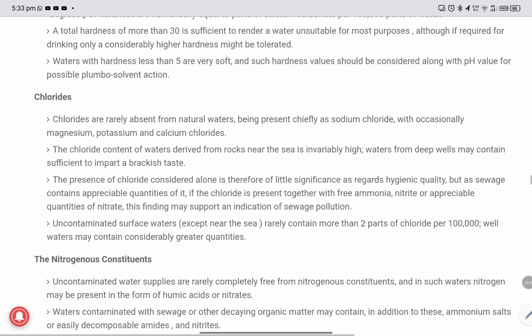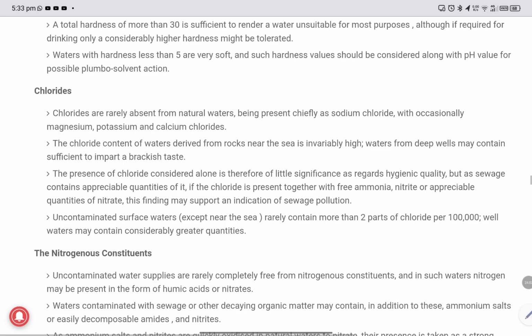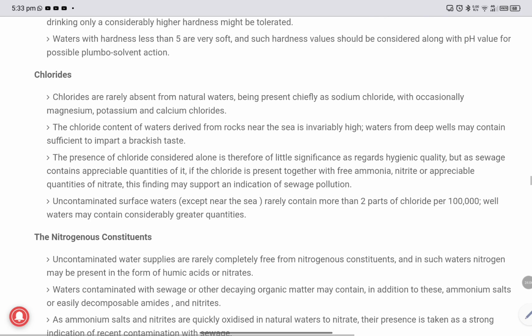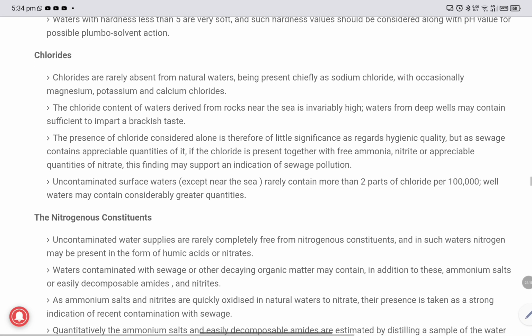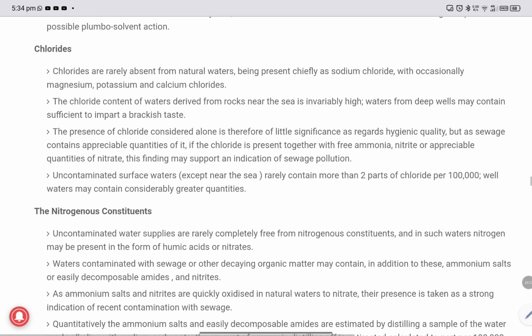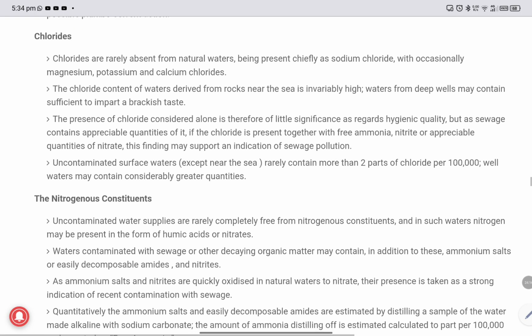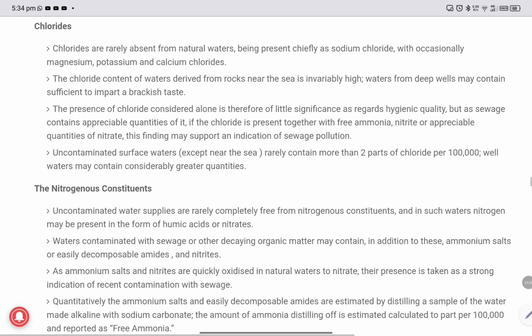Chlorides are rarely absent from natural water, being present chiefly as sodium chloride with occasionally magnesium, potassium, and calcium chloride. The chloride content of water derived from rock near the sea is invariably high. Water from deep wells may contain sufficient to impart a brackish taste.